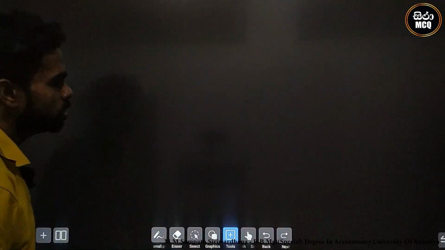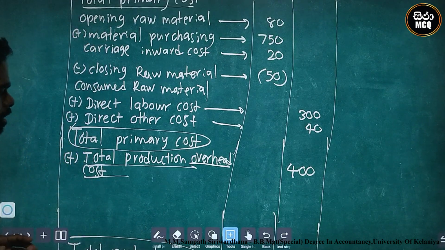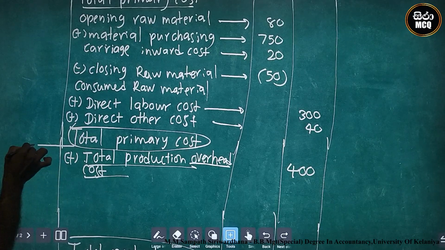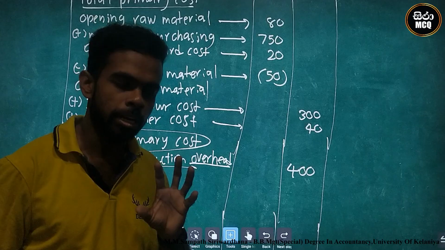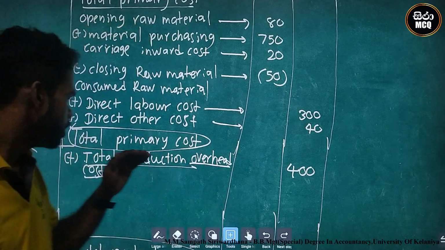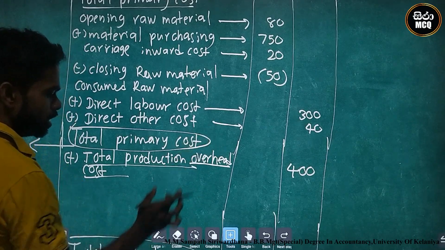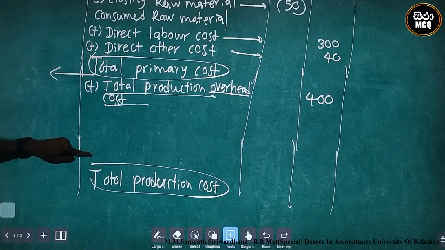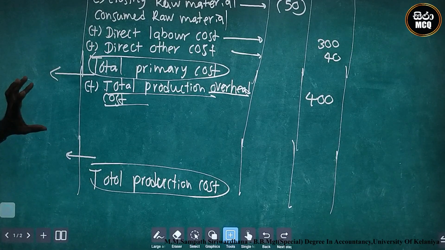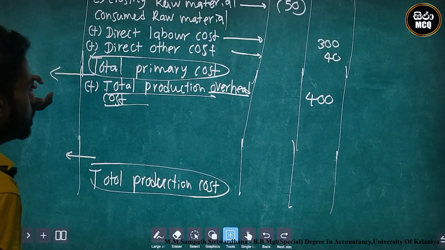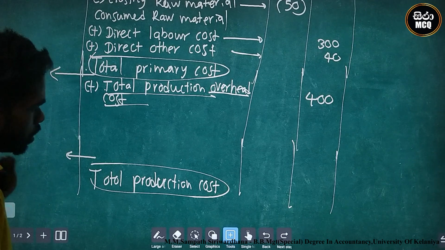Work in progress stocks we can identify in two areas. What is the first area? We can adjust it in total primary cost. The other option is we can adjust it to total production cost.